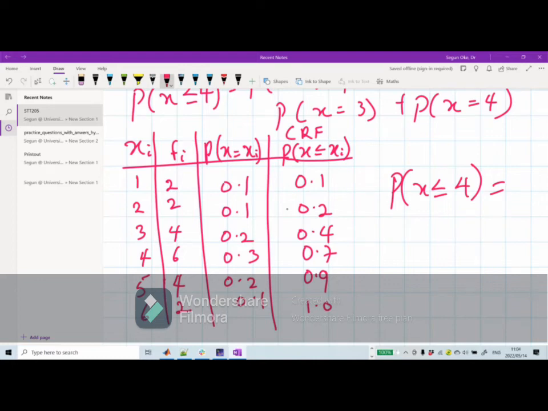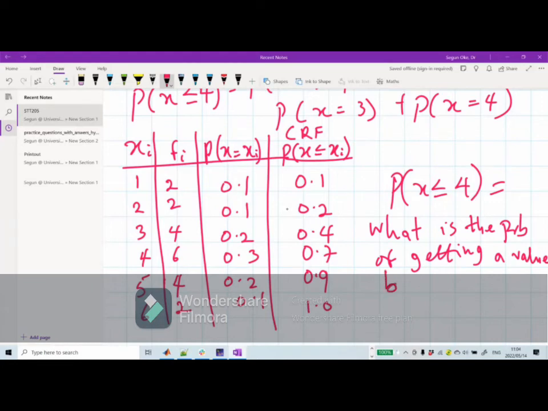Then also, what is the probability of getting a value between 2 and 5, inclusive?